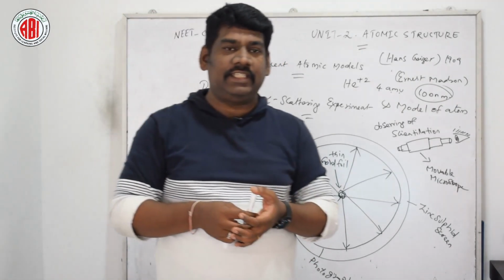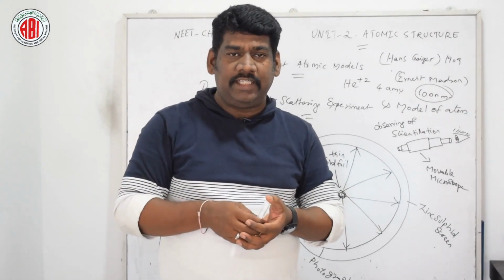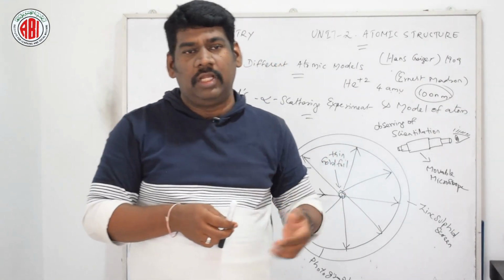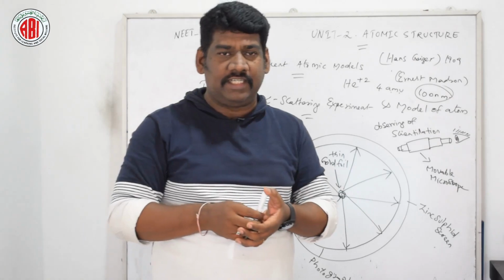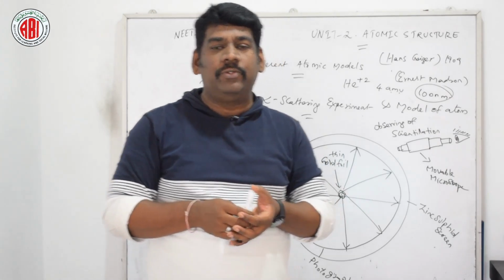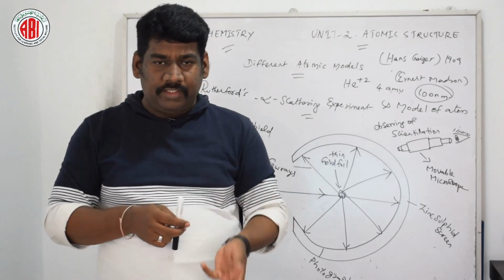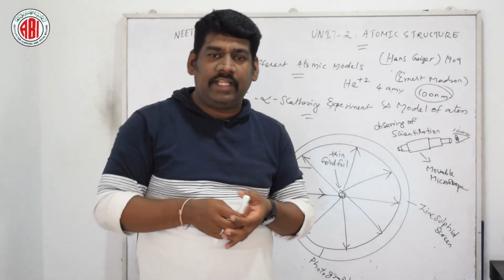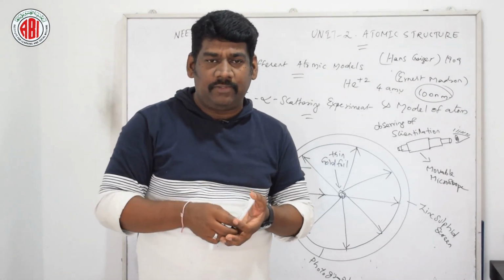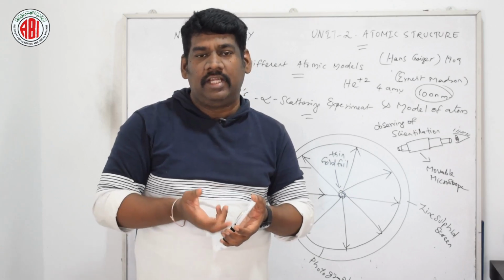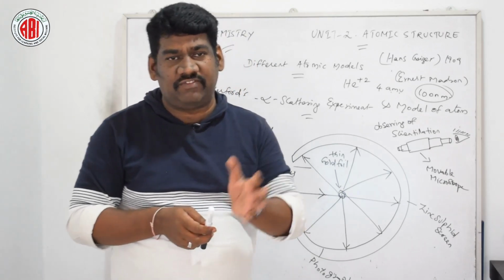So first, most of the alpha particles were able to pass through the gold foil undeflected, but there are very few particles that were deflected. This picture can very clearly explain Rutherford's model of deflections of these alpha particles.